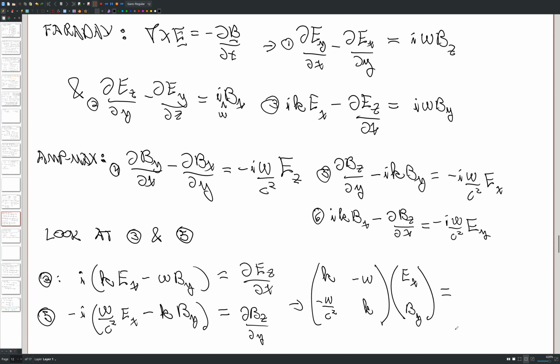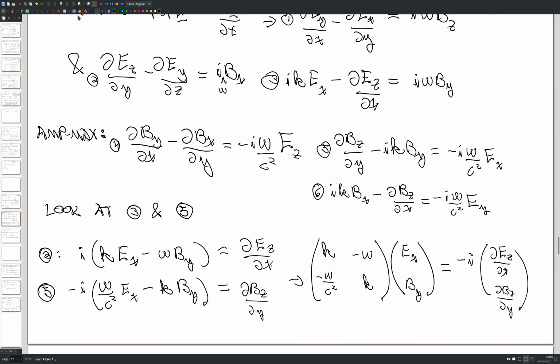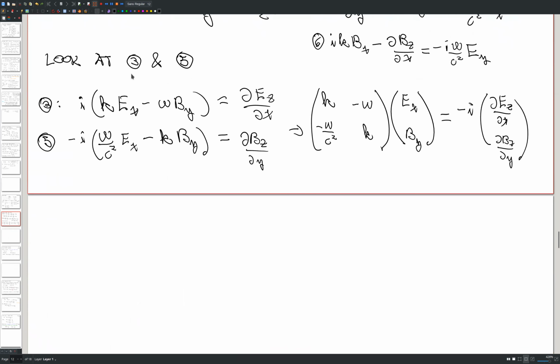And this is going to have to be equal to, I've got an I on this side, I'll just multiply by minus I on both sides, minus I times the vector dEz dx and dBz dy. The reason why it's fun to do this is because matrix rules. Hopefully you can compute the inverse of a 2x2 matrix almost in your head.